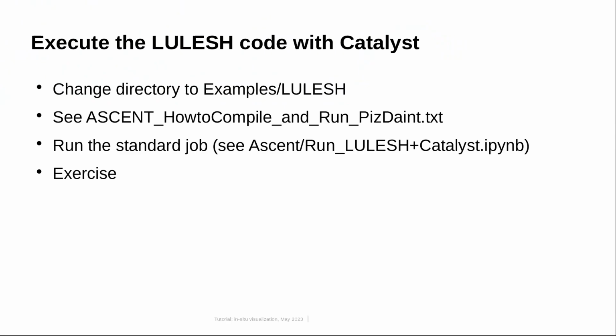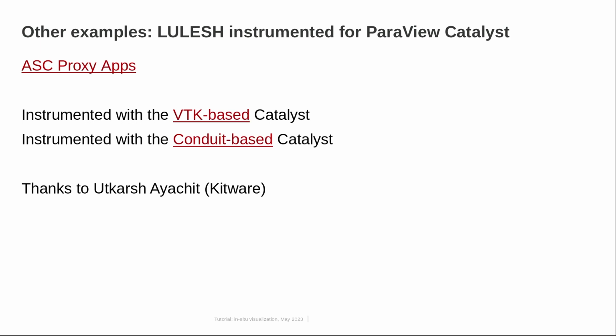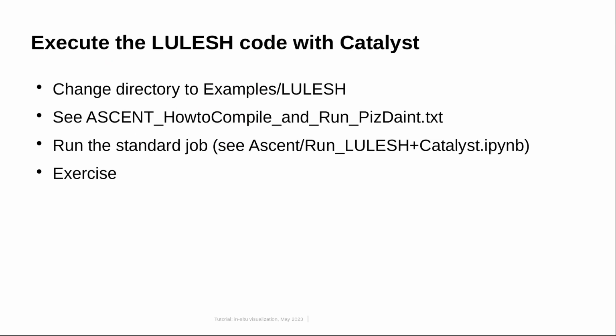So to execute the code, you can also do that via a Jupyter notebook. And here I forgot to change the name, but because we're doing Catalyst, it's called Catalyst How to Compile in that directory. And then, yeah, this is the notebook right here. Again, I forgot to change the last name. I told you that I had an accident.